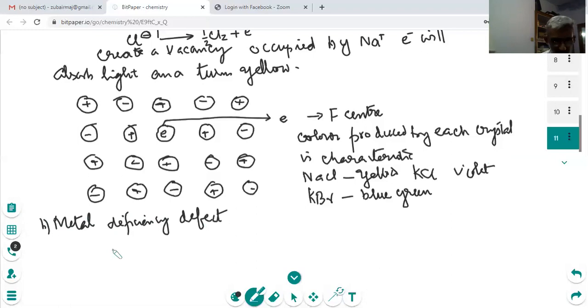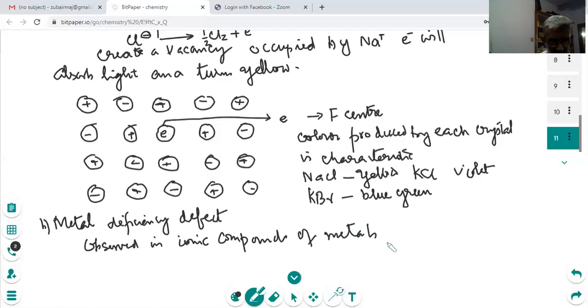Now this is generally observed in ionic compounds, compounds of metals of variable valency or oxidation state.